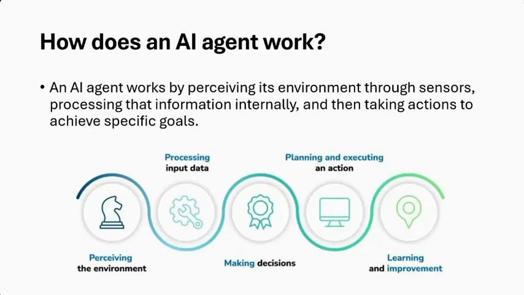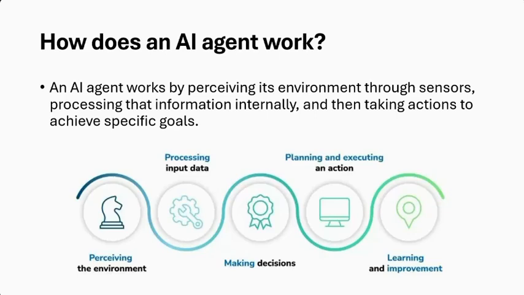So saka pa lamang yan, papasok doon sa learning and improvement. May feedback na naglululok. Okay? After taking some actions, the agent receives feedback, replies from the environment through sensors again.